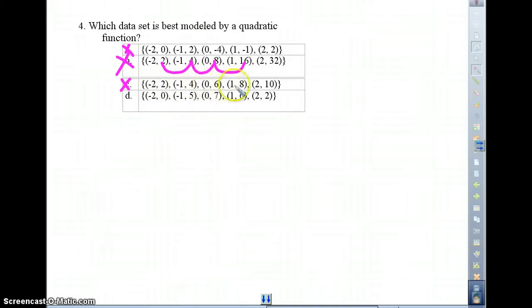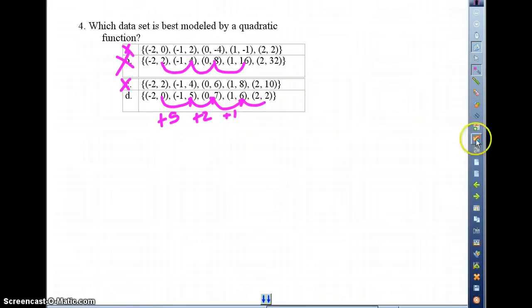The x's are increasing by 1 each time. What happened to my y from here to here? Whoops, not an increase of 1. Let me back that up. That's a decrease of 1.